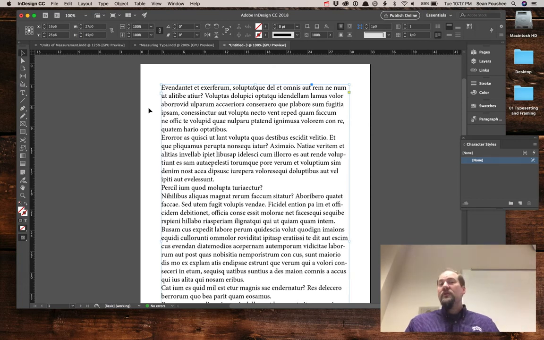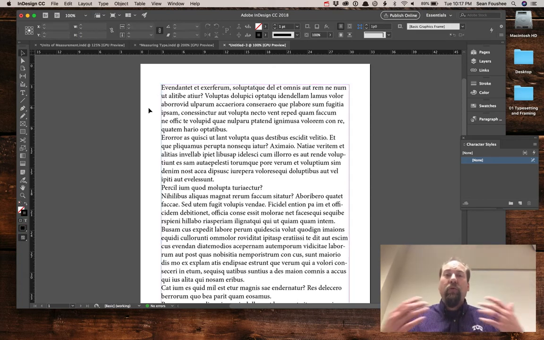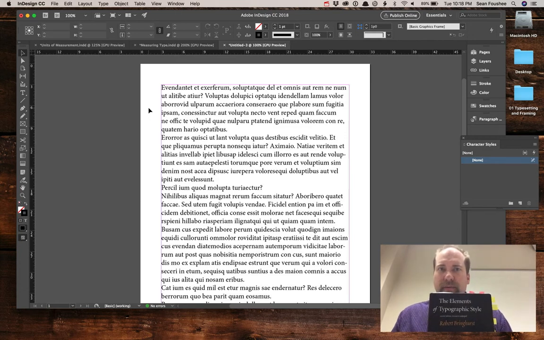Now, in order to understand the proper size of a measure, I've got a nice little table from this particular book right here. This is The Elements of Typographic Design by Robert Bringhurst. It is widely considered, I'd say, the Bible of typography and type layout.